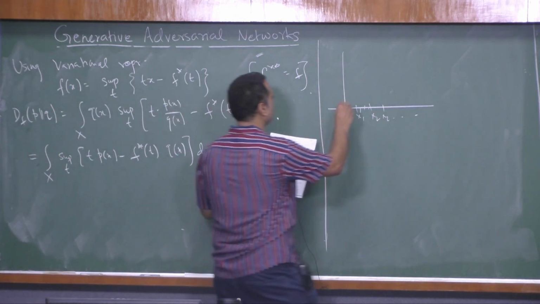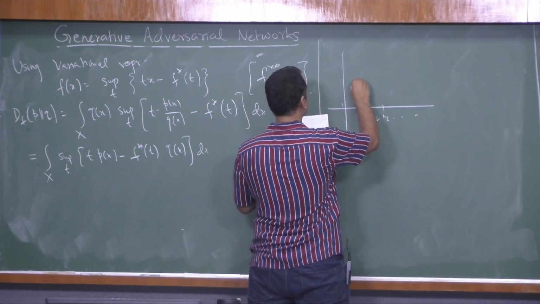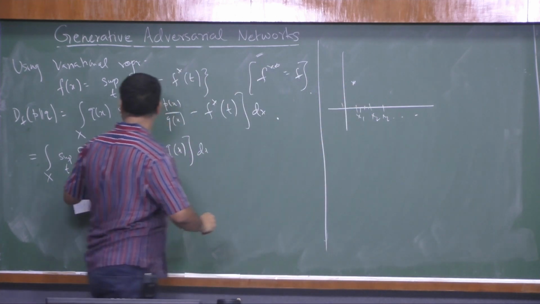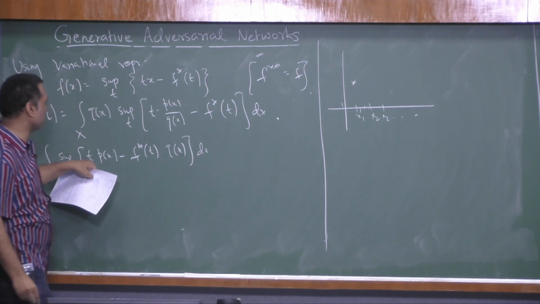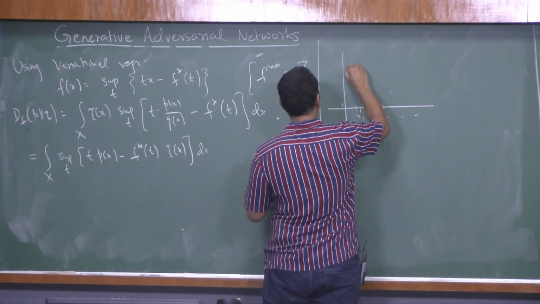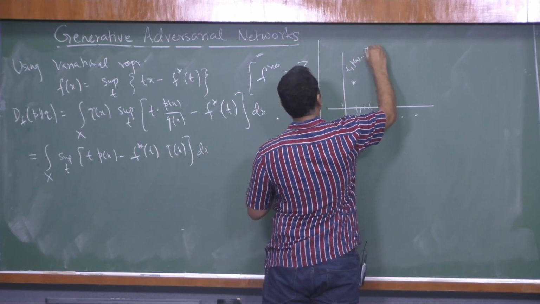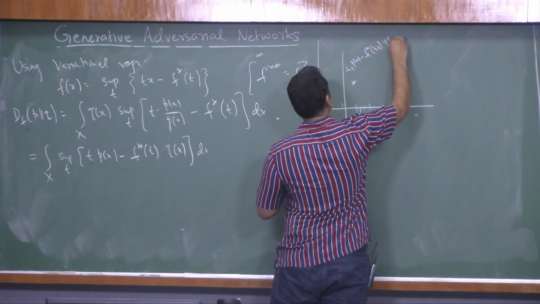So for each x, I'm doing this supremum problem, right? Let us say I did that, and for x1, the t for which it was supremized was, let us say, t1. So then the function value that I get is t1 px minus f star t1 qx.